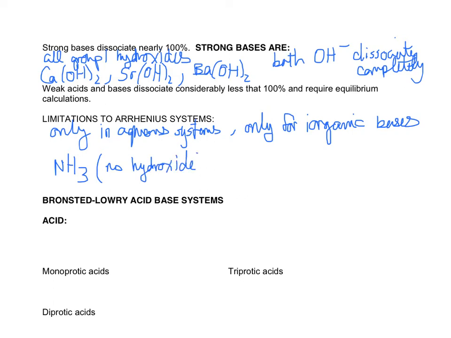And so it's not considered a base according to the Arrhenius definition. However, it has basic properties. It's slippery, it has a pH higher than 7, it tastes bitter, and so we know that it's a base, and so there must be a better definition for bases that we can use. And so the Bronsted-Lowry solves that problem.